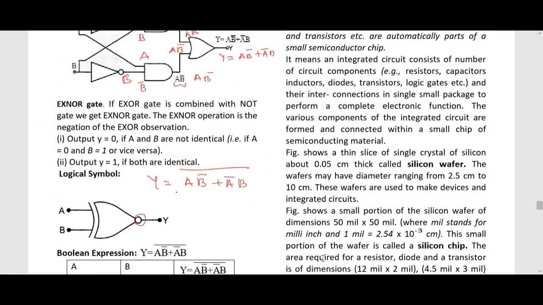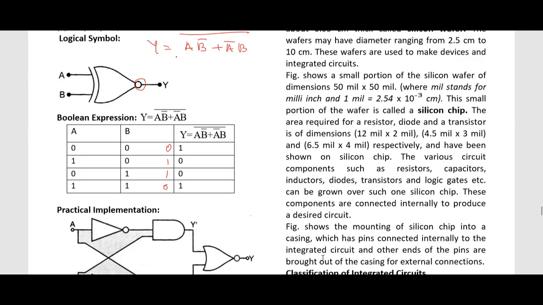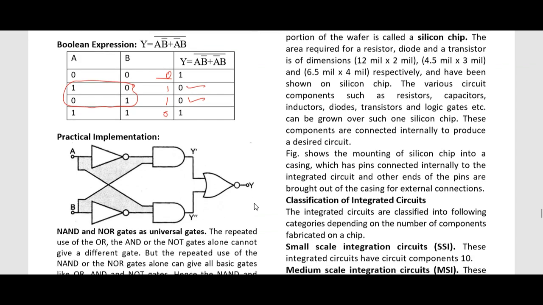Now in exclusive NOR, note down in this table, it is the reverse of above. When the inputs are mutually exclusive, output is 0. When the inputs are equal or identical, then the output is 1. So these two circuits give opposite results because of the NOT operation.